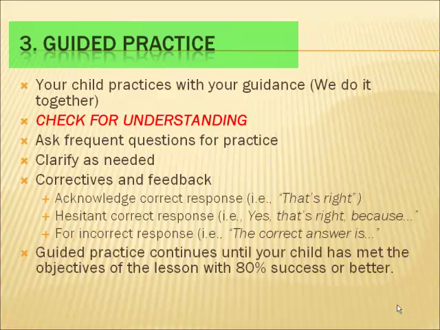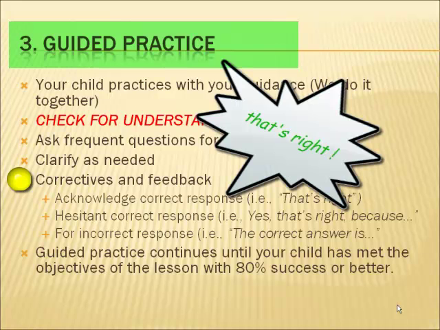And then the next part is a very important part, and this is how do we correct or give feedback to a student in a direct instruction lesson. It's very specific, and it's very positive for the child. First of all, if there's a correct response, you acknowledge it by saying, that's right.